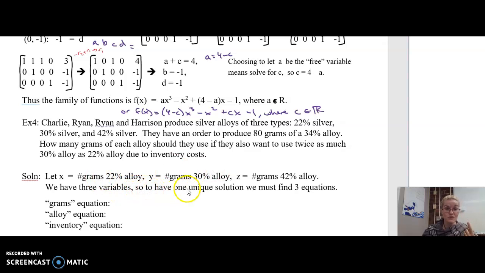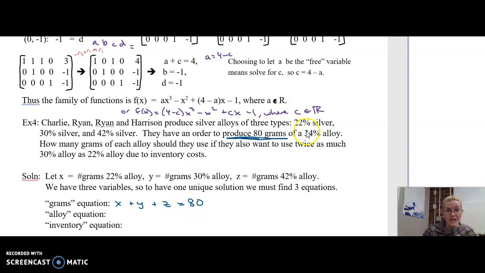So to have one unique solution, we must have 3 equations, to have a system with one unique solution, with any hope. So grams equation. What is it that they have to produce? They have to produce 80 grams. So if we take the number of grams here, plus the number of grams there, plus the number of grams there, they all have to add up to 80. Pretty straightforward. That's one equation, yeah?